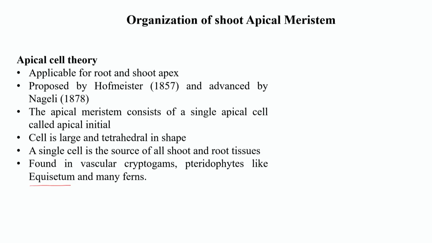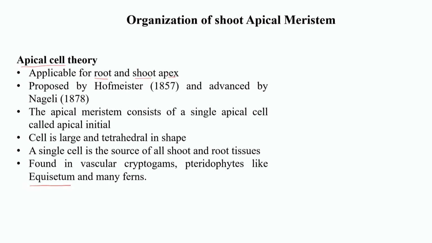First of all, we will try to understand the organization of shoot apical meristem through the apical cell theory. Apical cell theory was proposed by Hofmeister and advanced by Nageli. It is applicable for both root and shoot apex.